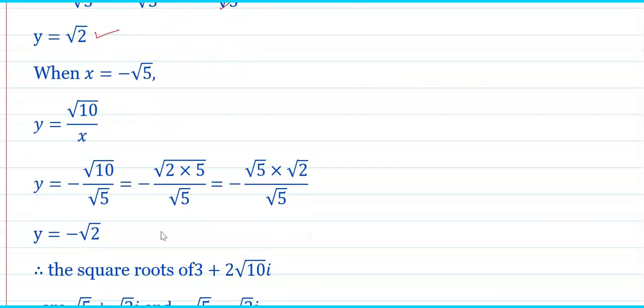What about the second? When x is equal to minus root 5, again y is equal to root 10 upon x. Therefore, root 10 can be written as root of 2 into 5, root 5 into root 2. Root 5 gets cancelled.